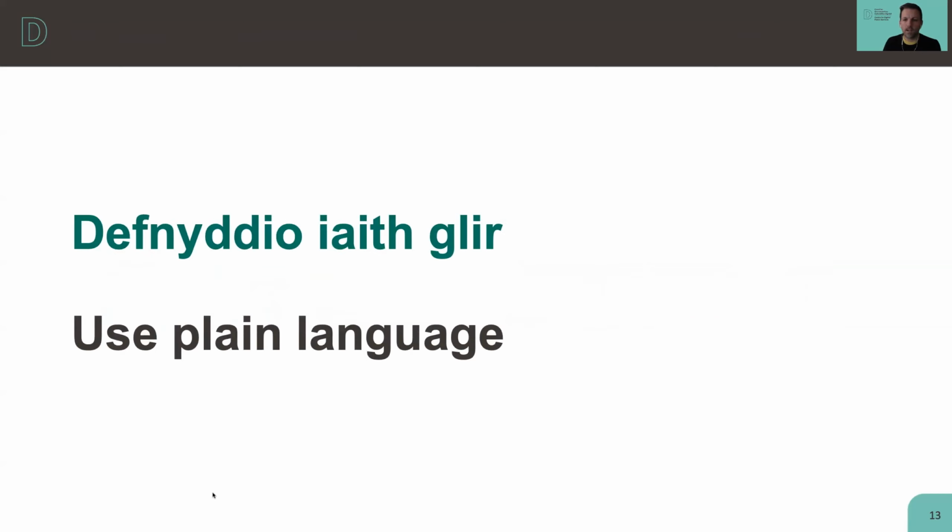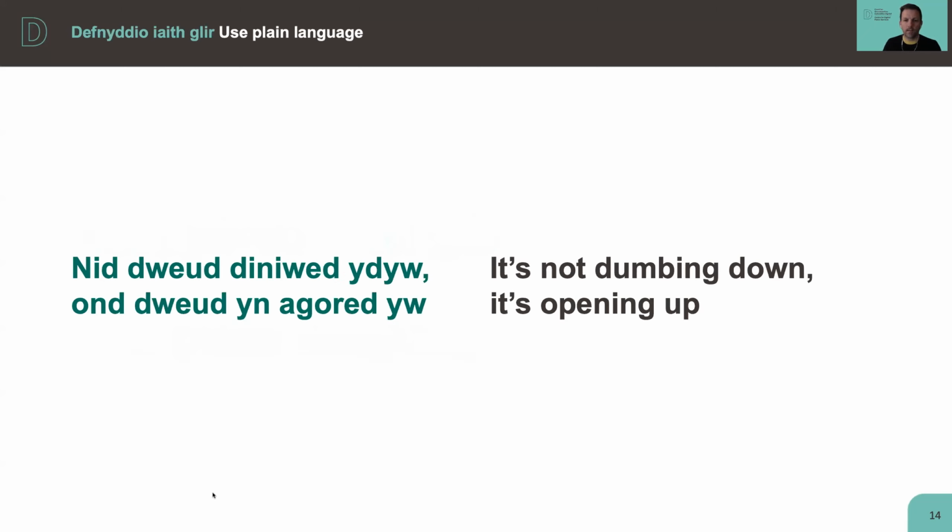Now, using plain language makes sure that you meet more users' needs because more people will understand your content. Now, in English, we often call this plain English. In Wales, in Welsh, we also have Cymraeg clir. Now, it has been explained like this as well: it's not dumbing down, it's opening up.